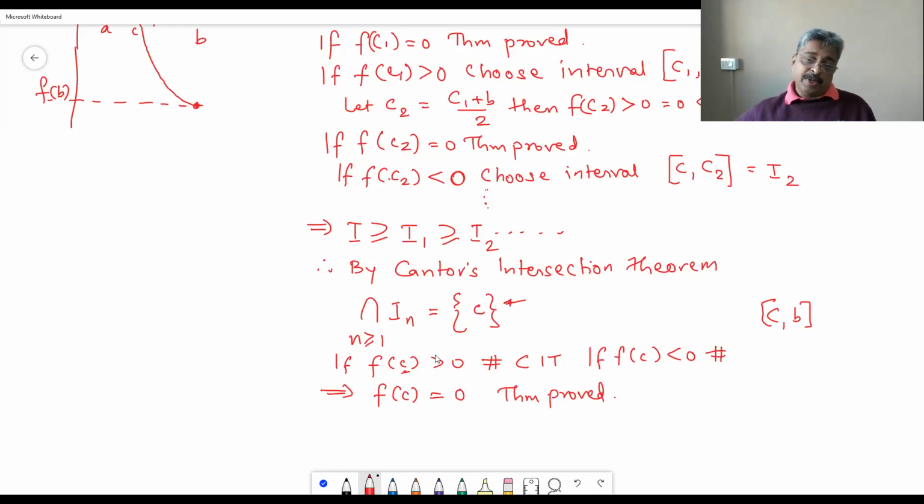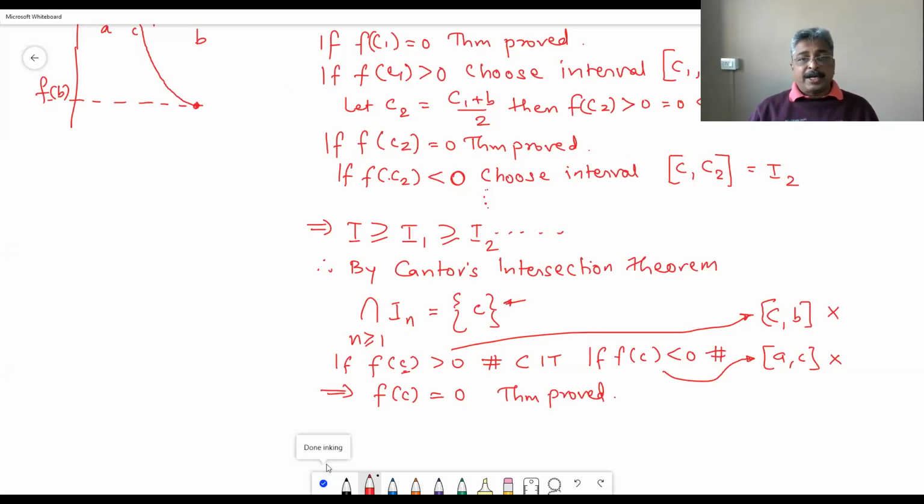So if f of C is greater than 0, then the starting point of the theorem could be this. If f of C is less than 0, then you are talking about A comma C. That is where we should start. But we have already started earlier using A comma B and arrived at C. Therefore, this is not possible. Therefore, there is no choice for f of C other than to be equal to 0. Okay. Next.